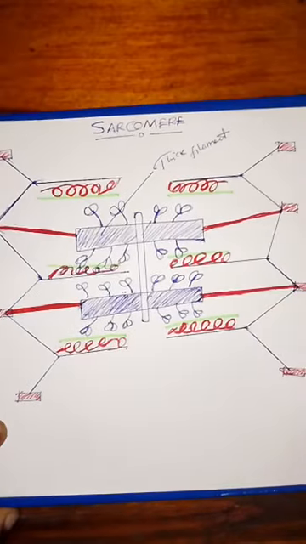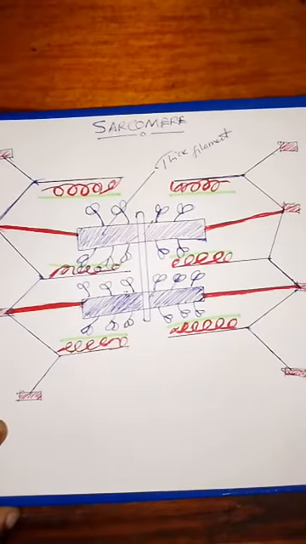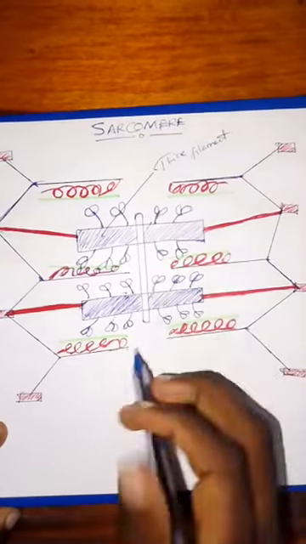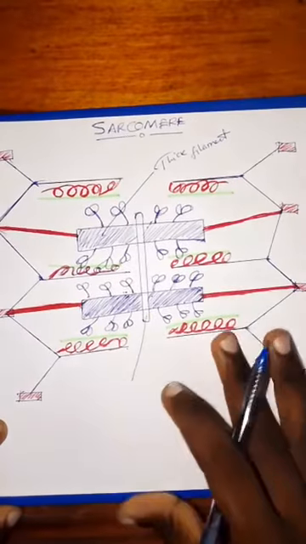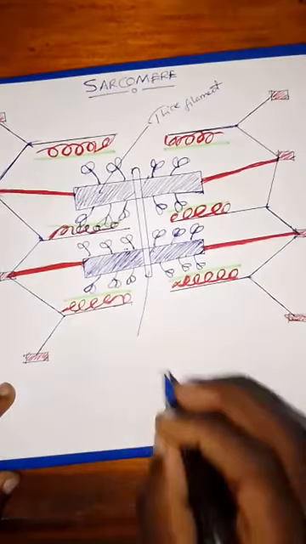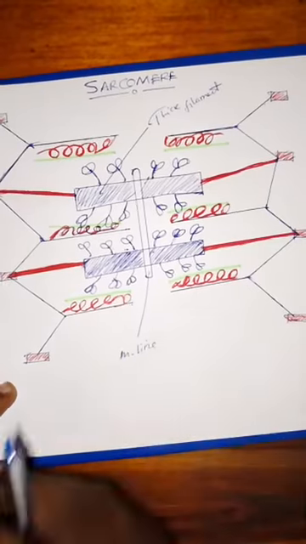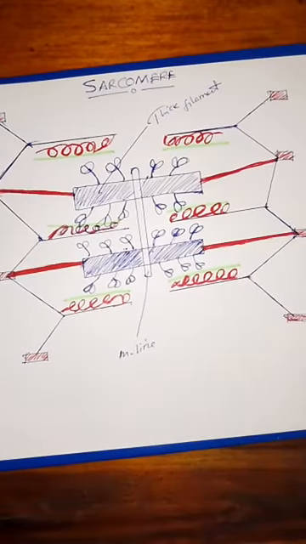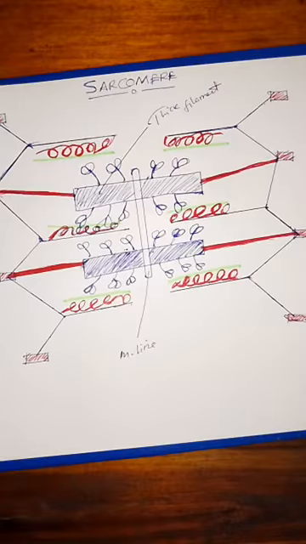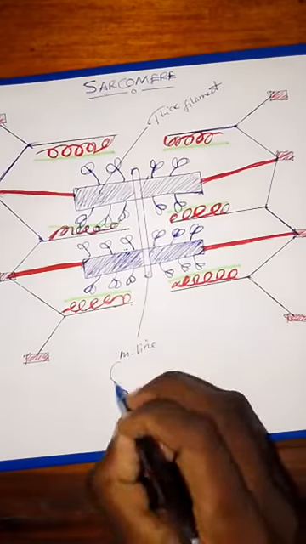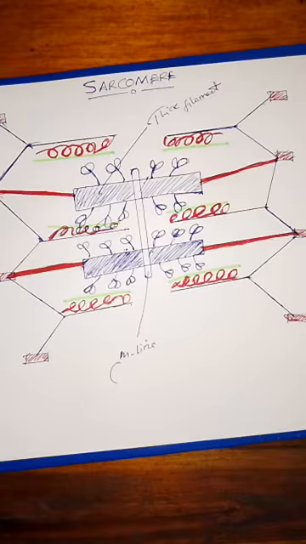Then the middle one, the vertical line you are seeing here, this one is the M line. Do you know the protein that makes up the M line? Actually, there are many proteins, but there's one which is very important. The protein which makes up the M line is called what? The myomesin.